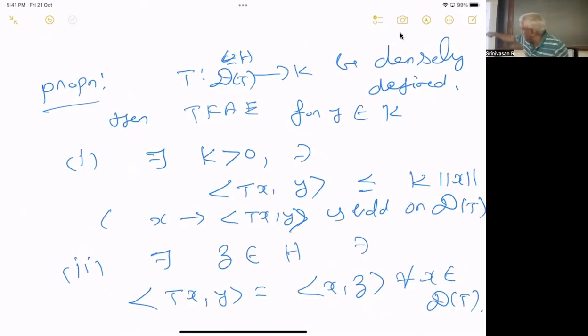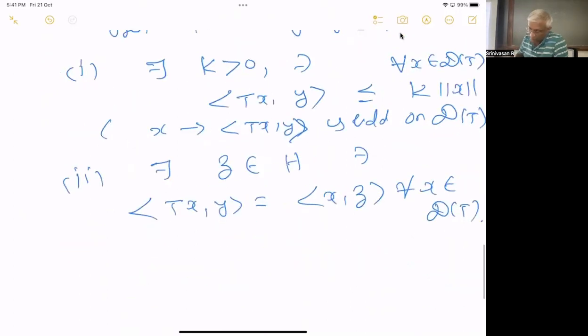Now you have this <Tx, y>, the inner product is bounded by K times the norm of x, for all x in D(T). That means the map x going to <Tx, y> is a linear functional from D of T to complex numbers.